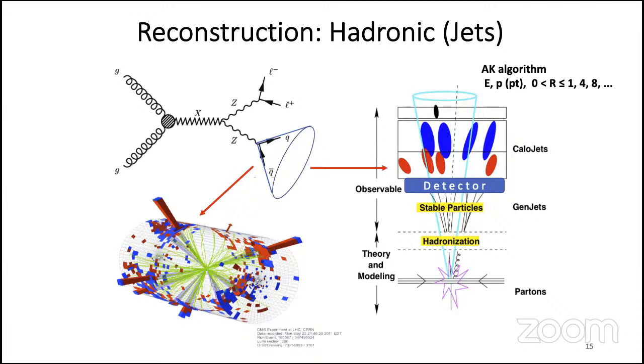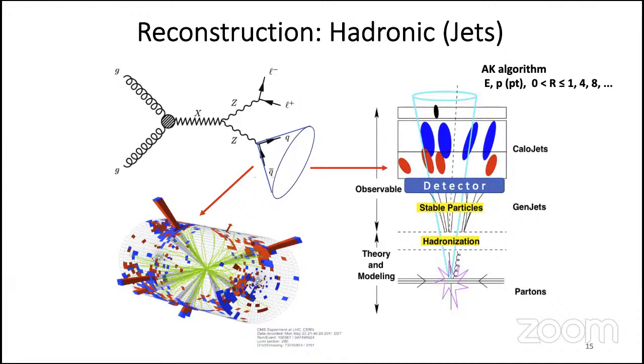So to analyze this kind of decay, we start by defining a region of space to group all these stable particles in a cone, such that we can assign energy or PT to this region.